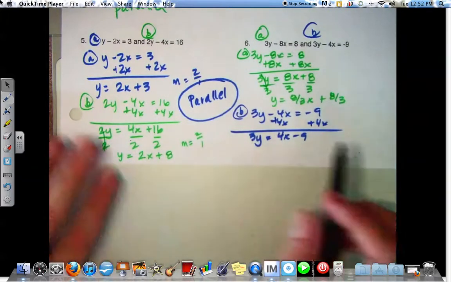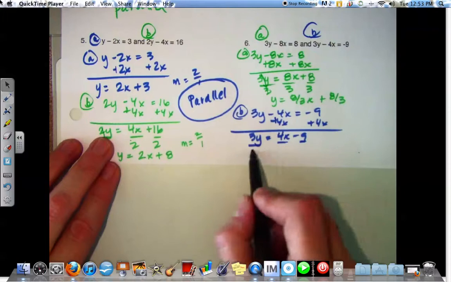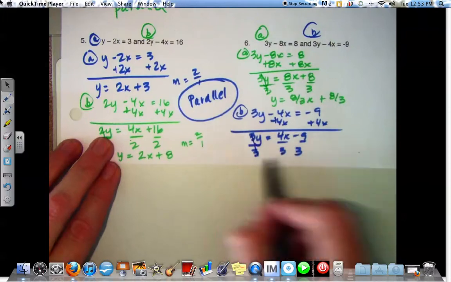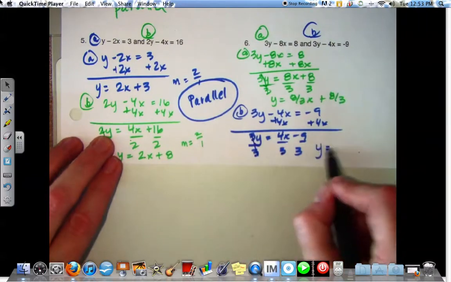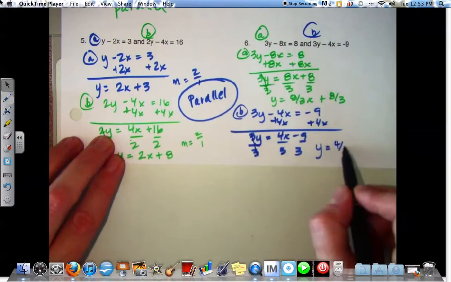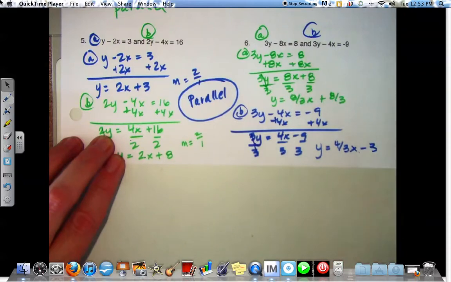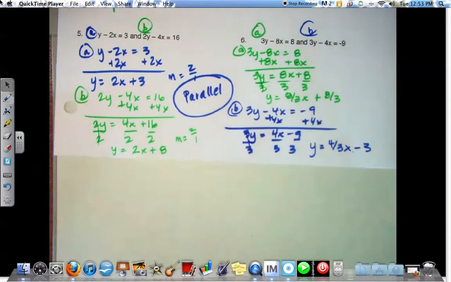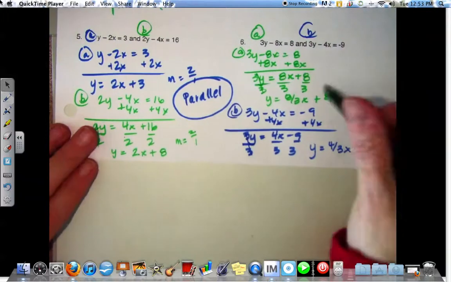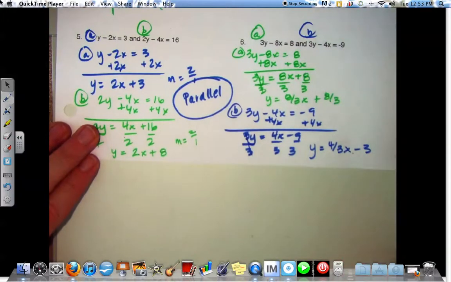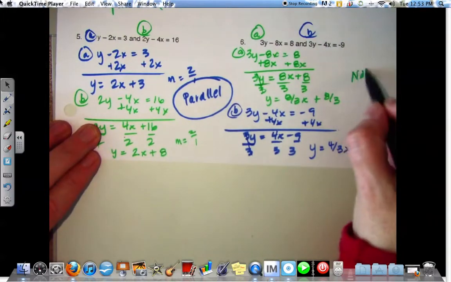Now what do you want to do? So y equals? So what is our slope here? So are our equations parallel or not parallel? Not parallel.